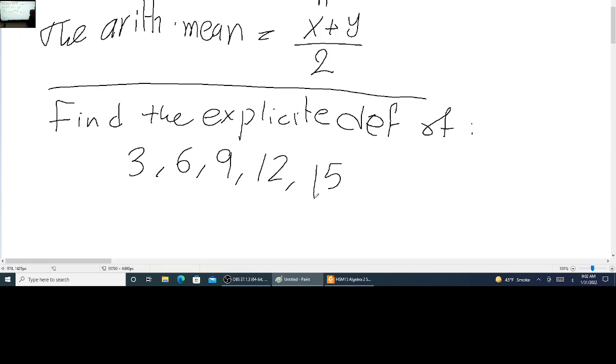Find the explicit definition for this sequence. Note that if we subtract any two consecutive terms, we will get the same number.